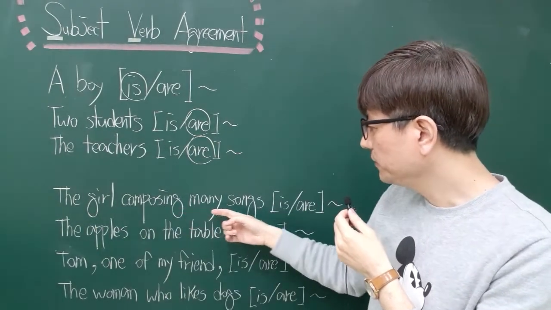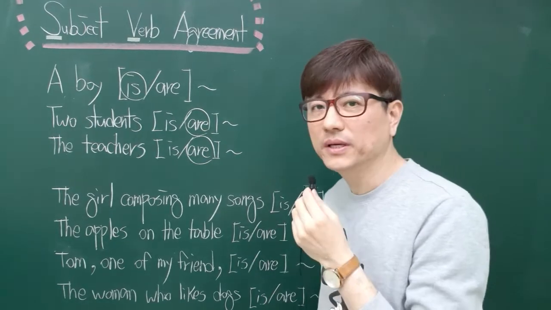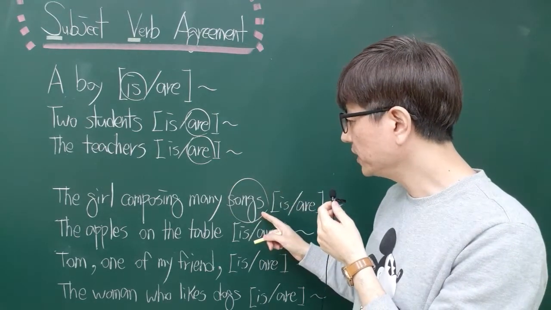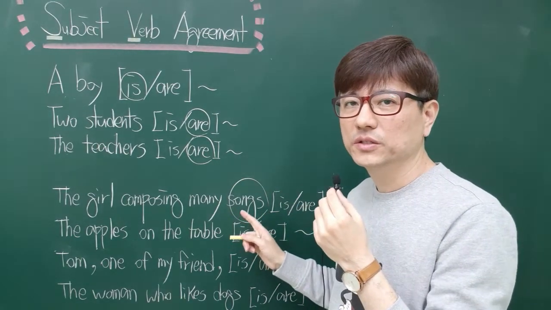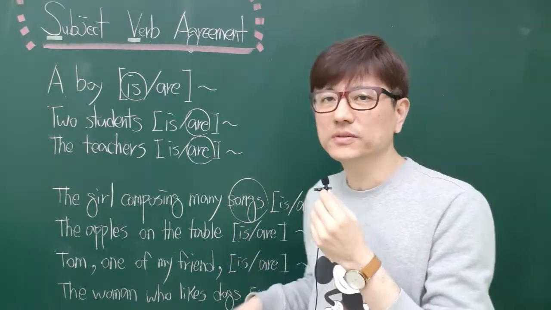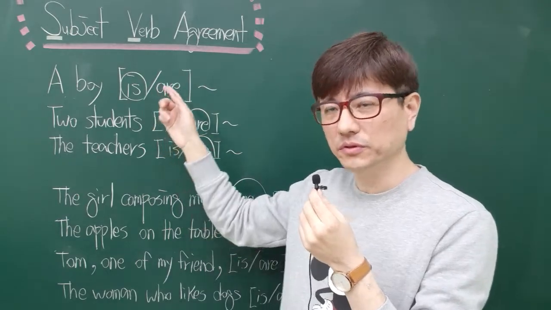The girl composing many songs, blah, blah, blah. In this kind of case, you might be mistaken to believe songs is the subject, but it is not. So I'm going to talk about why songs is not the subject. I'm going to write it down on the board, so look at this carefully.